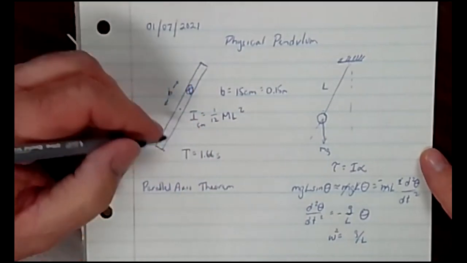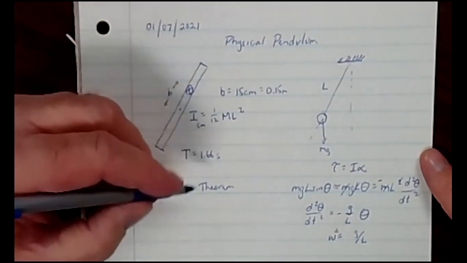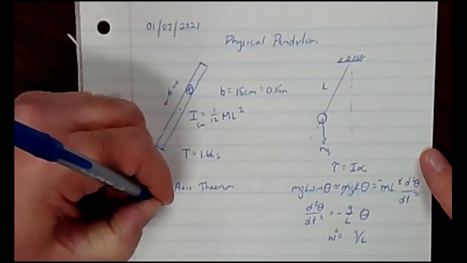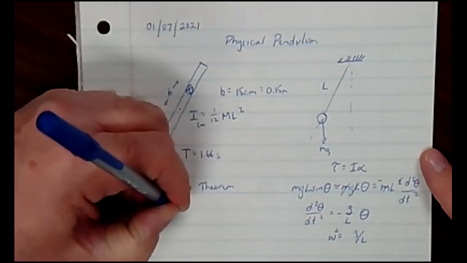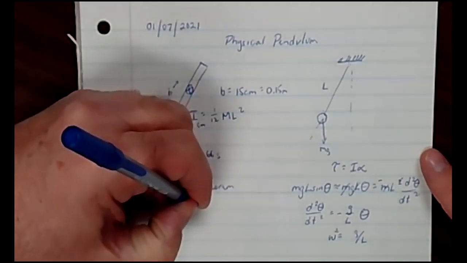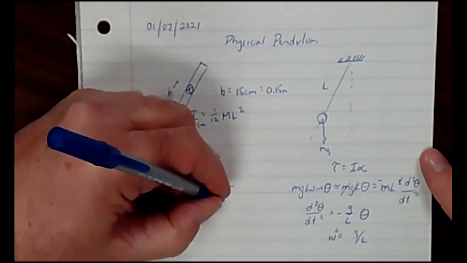This is an easy way to get 5 points, by applying the parallel axis theorem when appropriate. And so when we want to find out what the rotational inertia is for something that's off axis, then we just take the center of mass rotational inertia, and then add the mass times b squared.